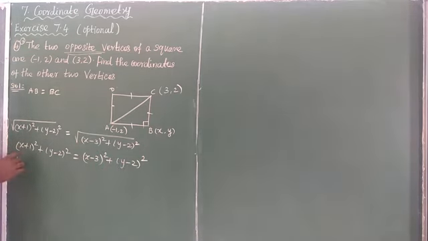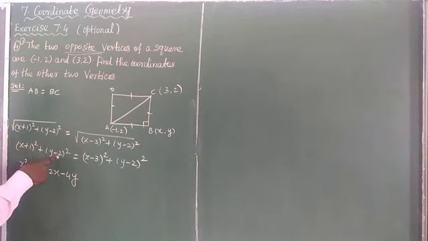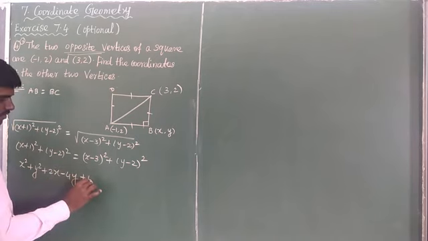Now let us expand. We get x square plus y square plus 2x minus 4y, plus 1 plus 4, which is plus 5.